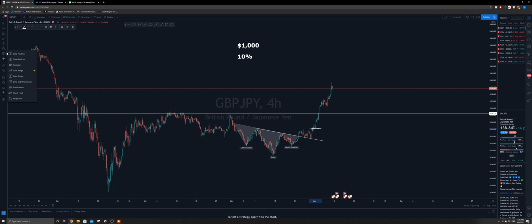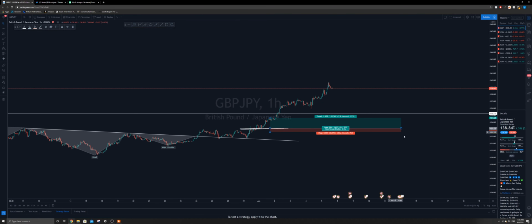So long position. All right, 50 pips for 150. It'd be the same formula. Let's go on the 1 hour chart. It would be 50 pips right there. Okay, so that would be your risk.